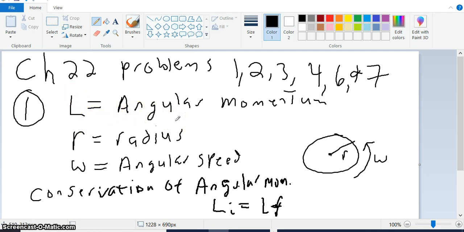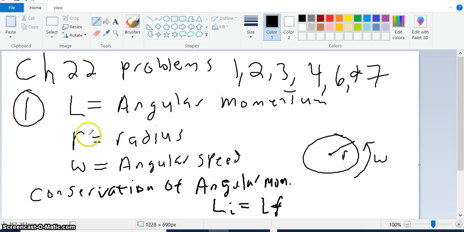Sorry about that, but we're not going to do that many angular momentum problems, so don't worry about the fact that in this one problem L stands for angular momentum. Normally in astronomy we'll use capital L as luminosity.